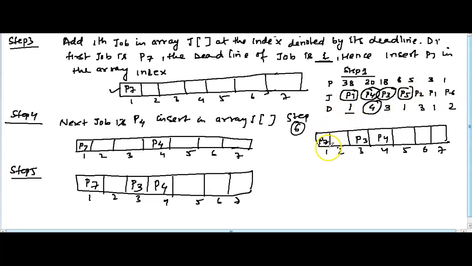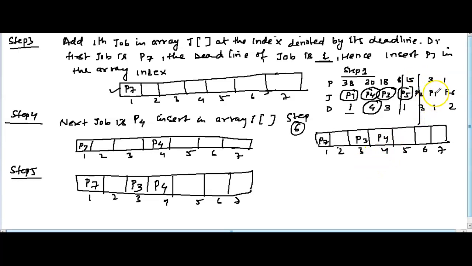Already the first position is fulfilled, so you skip this one. Skip means I have to go to the next. Next P2: the third position is also fulfilled, so you skip it.